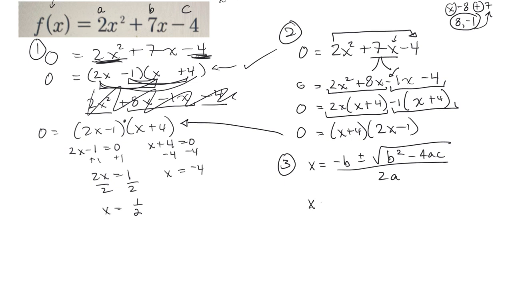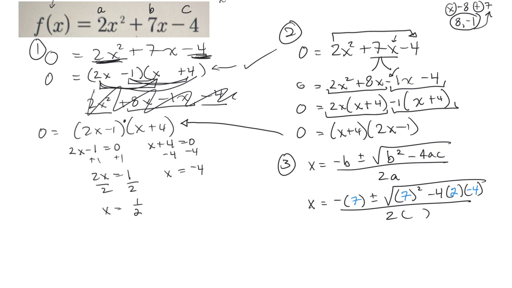So let's plug those things in. Like I always do with any equation, I just put in brackets wherever there's a variable, and then I'll plug it in. So my b is 7, and this would be a 7. My a is a 2, and my c is a negative 4. And at the bottom, my a is a 2.